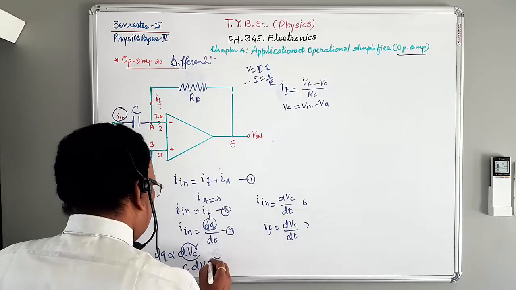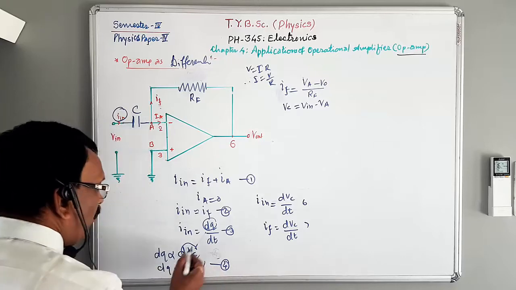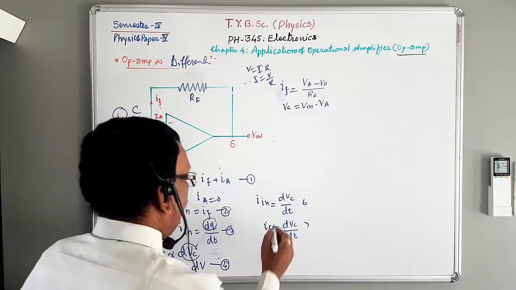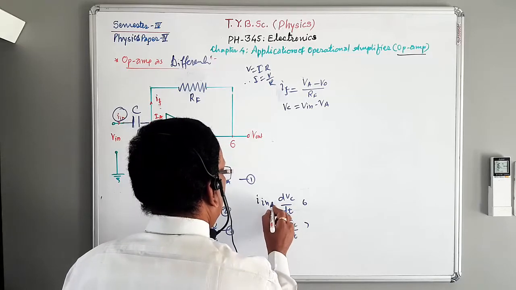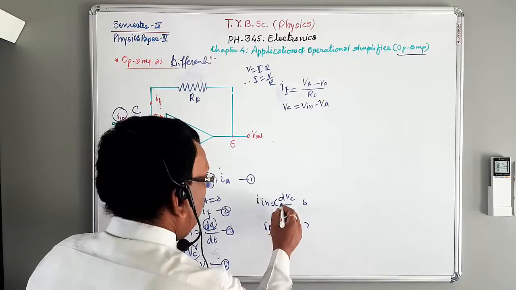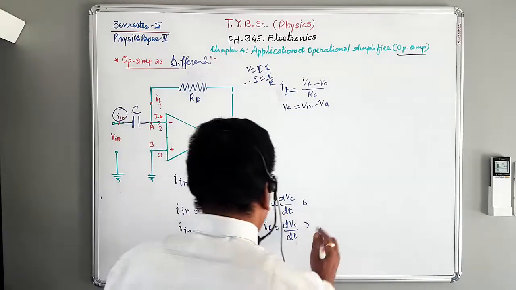Suppose this is equation 4. By using equation 4, we substitute dq by C dVc, and we have I_IN is equal to C into dVc by dt. Suppose this is equation 5.